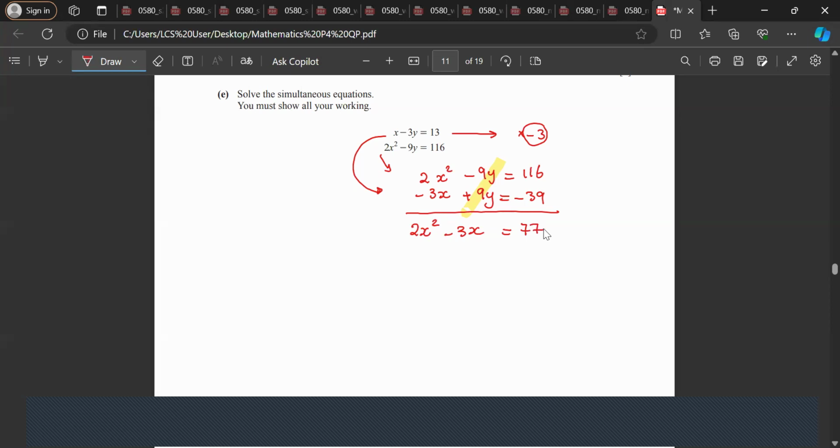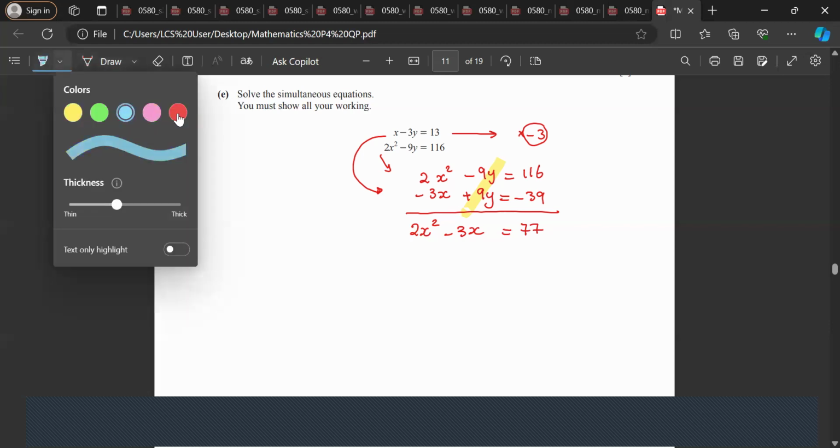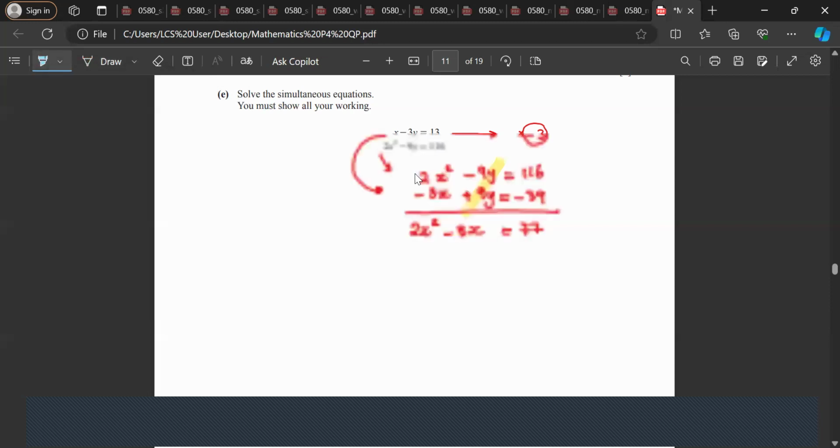Any problem till now? What did I do here? I put them as they are, 2x squared and -3x. Why? Because I cannot add them, they are not like terms. Now I have literally finished.